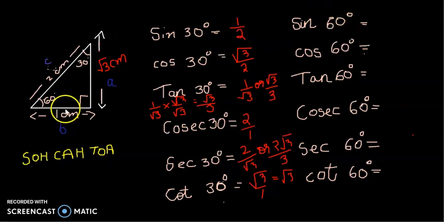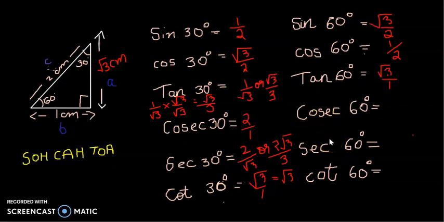So sine 60 is opposite by hypotenuse, that is square root 3 over 2, and cos 60 is adjacent by hypotenuse, that is 1 over 2. And tan 60 is opposite by adjacent, so it is root 3 over 1.